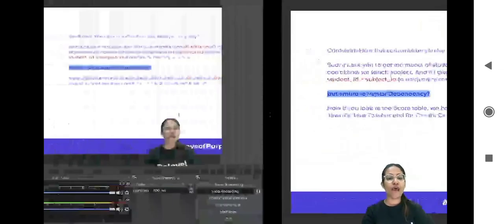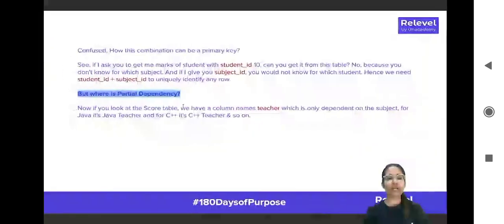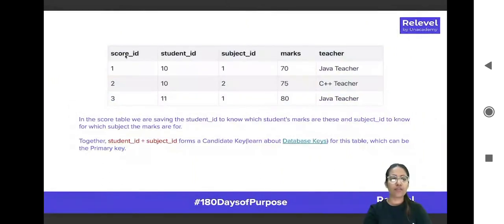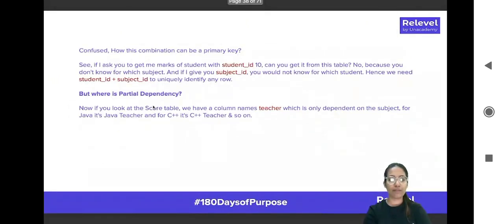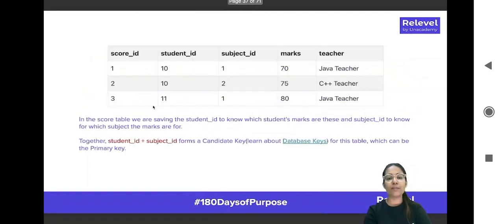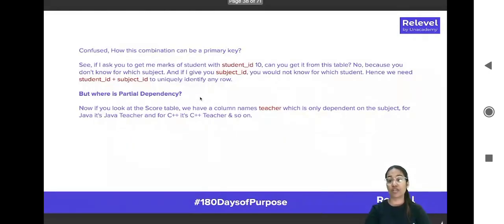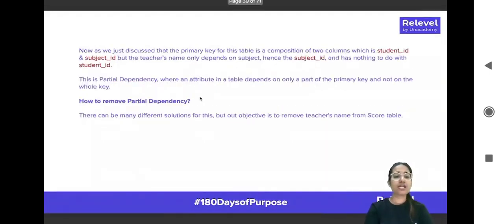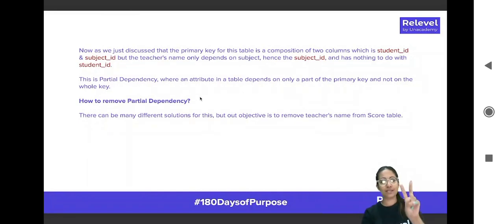Now, if you look at the score table over here, we have a column named teacher, which is only dependent on the subject, because the teacher is related to the subject. For Java, it's a Java teacher. For C++, it's a C++ teacher. Now, as we discussed, the primary key for this table is student ID plus subject ID.